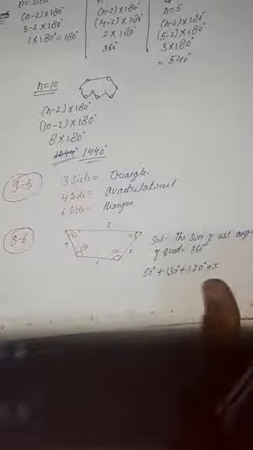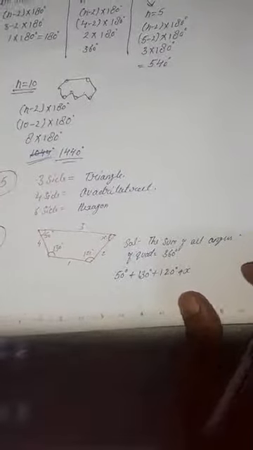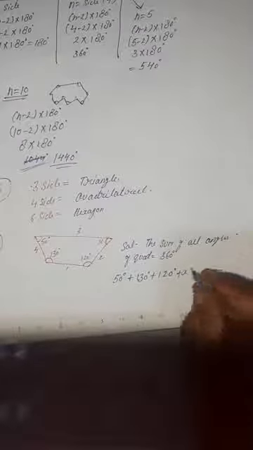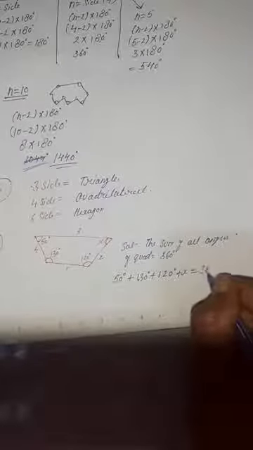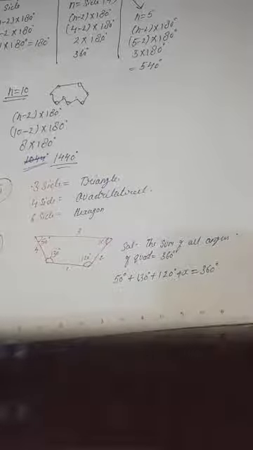These are the 4 angles, and the sum of all these 4 angles is equal to 360 degrees. Is it clear to all of you?